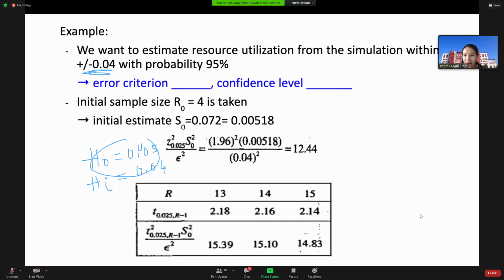In the case when our initial half width is already smaller than our criterion, then we have to check this. Is this true? I gave you a bad example, because the initial half width is already smaller than the target.